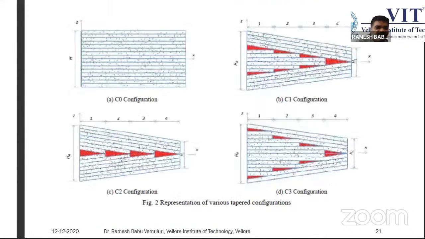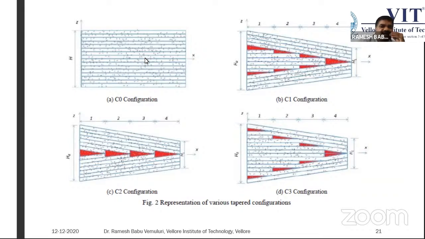So here I took one case where there is a nano composite. Normally we are discussing nano composites, hybrid composites, where nanoparticles have been added inside the matrix, and then we fabricated these composite plates, the 3 tapered configurations as well as the one uniform configuration. Here you can see there is a white portion where there are dots. These are all multi-walled carbon nanotubes.